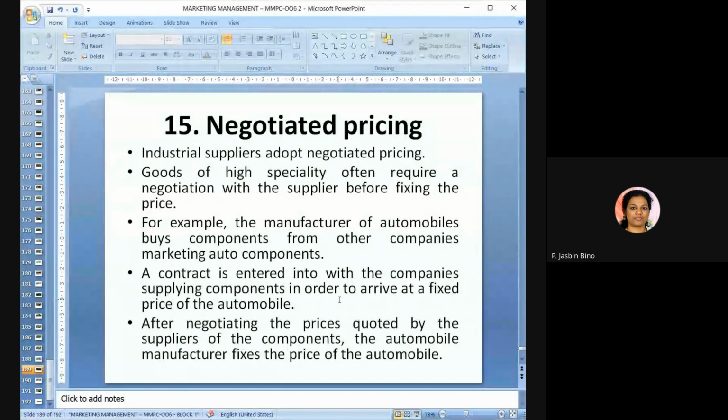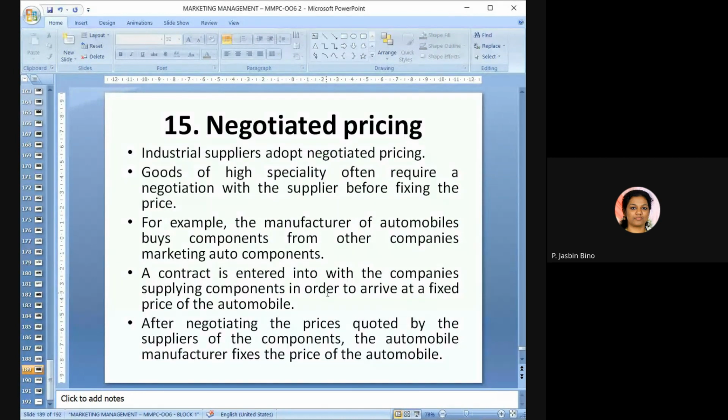The negotiated pricing, normally industrial suppliers adopt this type of pricing whenever they are purchasing raw materials and so on. They'll be negotiating with the suppliers. Goods of high specialty often require a negotiation with the supplier before fixing the price of the product. So normally manufacturers of automobiles buy components from other companies marketing auto components.